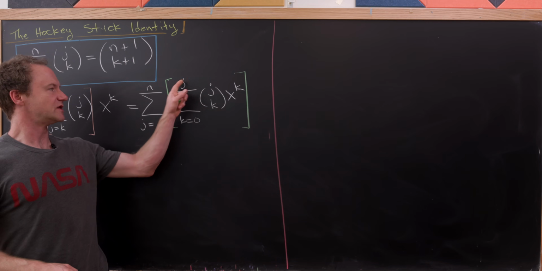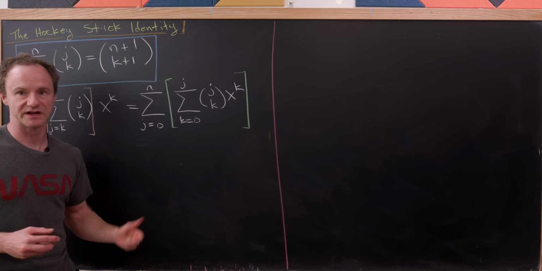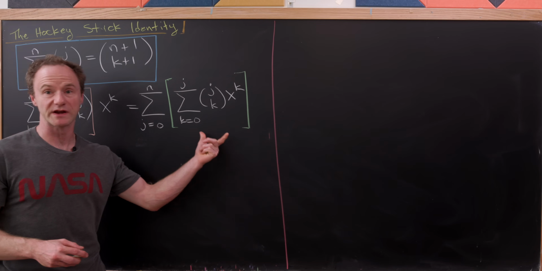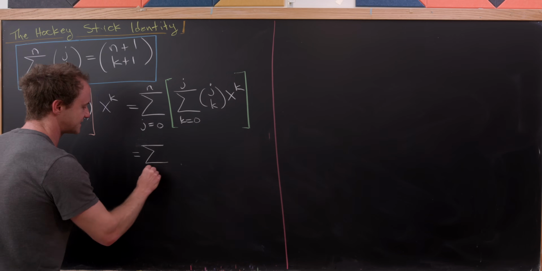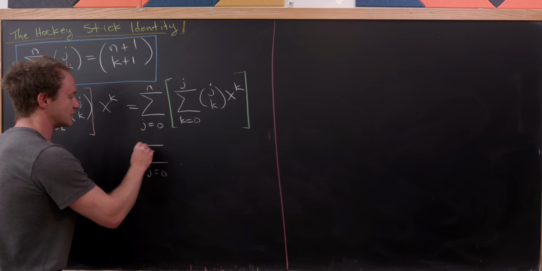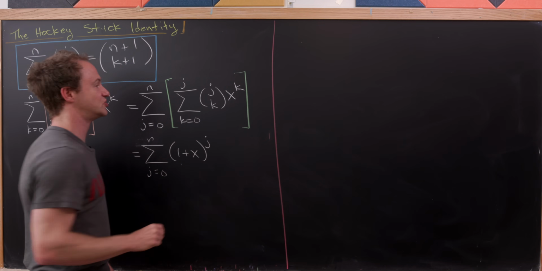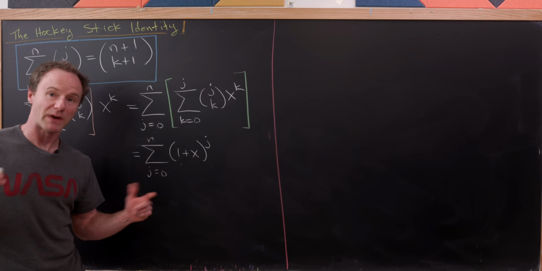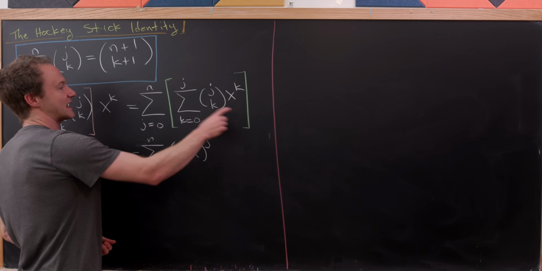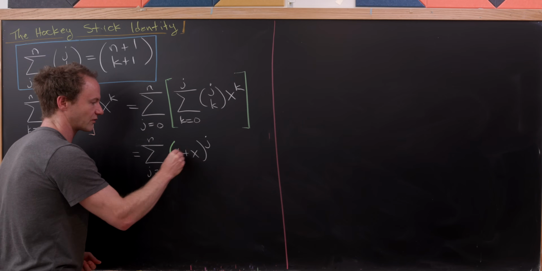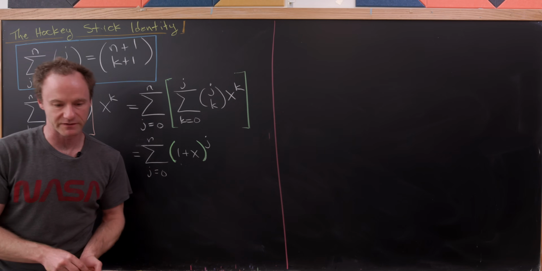But now we can use the definition of a binomial coefficient as the coefficient in a certain binomial expansion to rewrite this green part. So I'm going to rewrite it as the sum as j goes from 0 up to n of (1 plus x) to the j power. Again, binomial coefficients are defined so that we have this expansion right here. I could even put some green parentheses right here just to underscore the fact that that's where it's coming from.